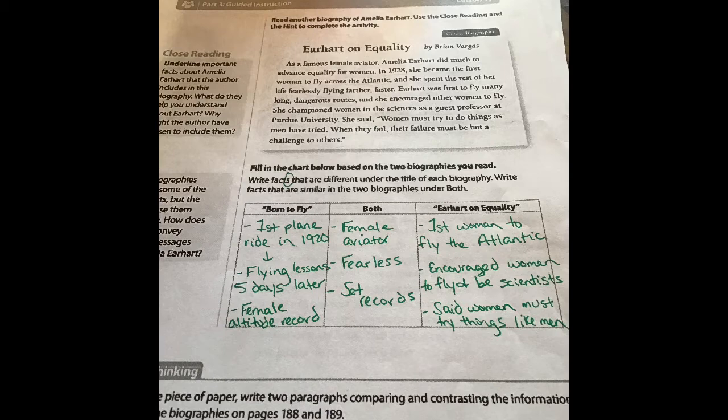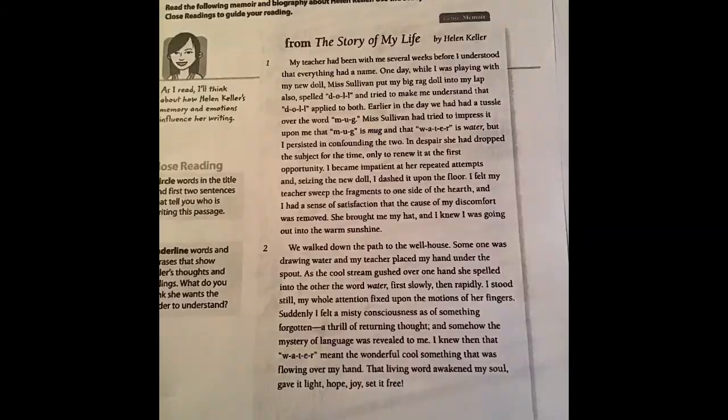The first biography, Born to Fly, focuses mostly on Earhart's early life and what motivated her to become a famous aviator. While the second piece of writing, Earhart on Equality, focuses more on the accomplishments and how she was fighting for equality of women to do the same thing as men.